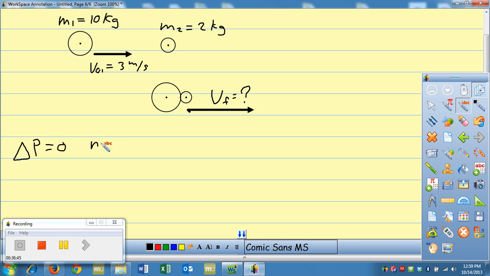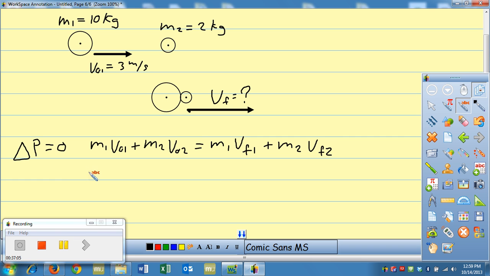So that means that M1 V01 plus M2 V02 equals M1 V final 1 plus M2 V final 2.